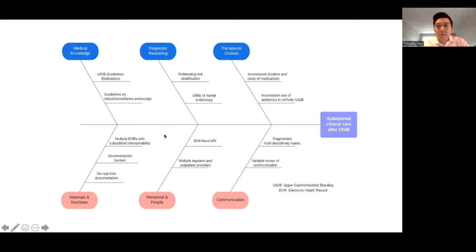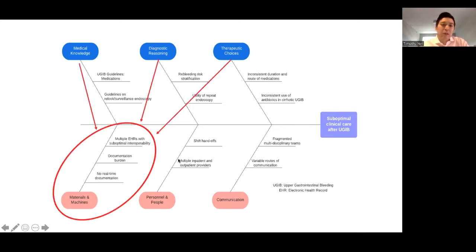Now, in all of these categories, in trying to decide what was the most optimal and ideal focus for an intervention, we really honed in on this category of materials and machines, particularly because of the way we document. A lot of what we do in terms of clinical reasoning and clinical recommendations feeds into the documentation portion.